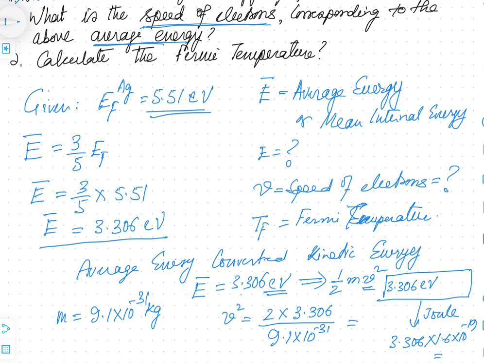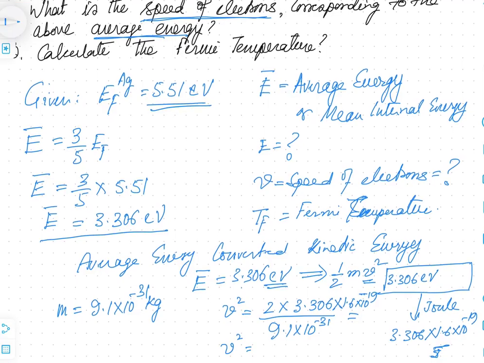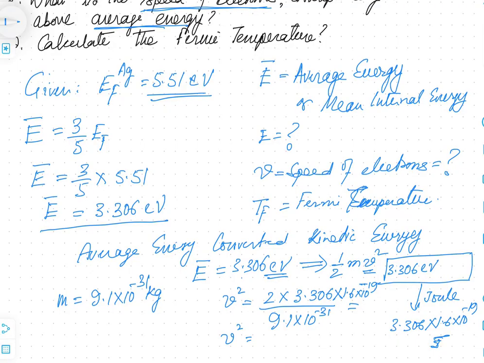Then this will give me joule. So this is very important. Then v square you will get as meter square per second square, or speed in meter per second.